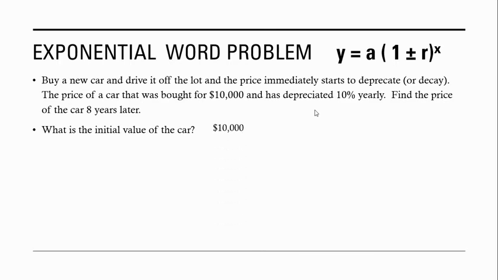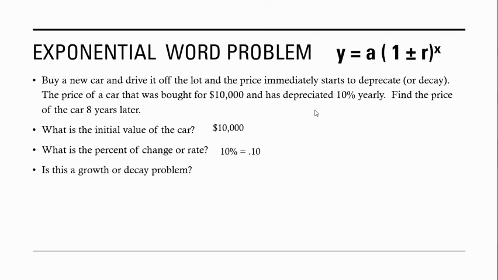That's right, it is 10,000. What is the percent of change or your rate? 10%, 0.10. Is this a growth or a decay problem? Yes, it is a decay problem. What is the time the depreciation is over?